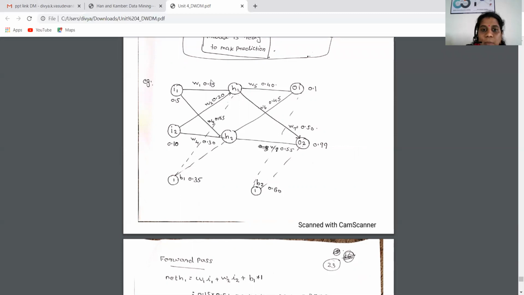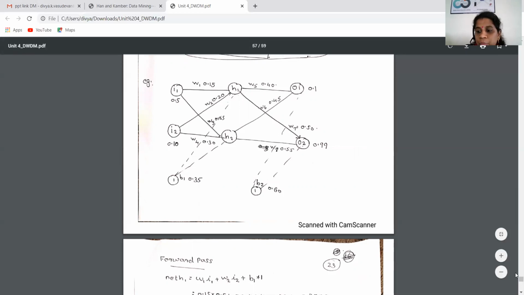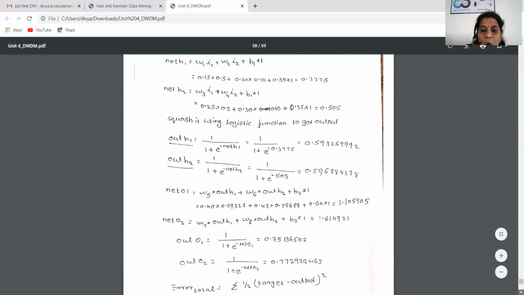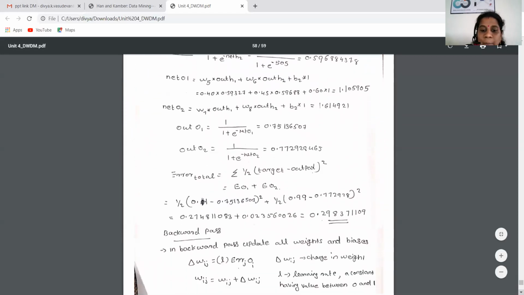Whatever value I get, for example, if I get delta of W1 as 0.001, then I am going to add 0.15 plus 0.001. That will be my new weight. So delta W1 is actually the change in the weight, how much change you need to make. How to calculate it?